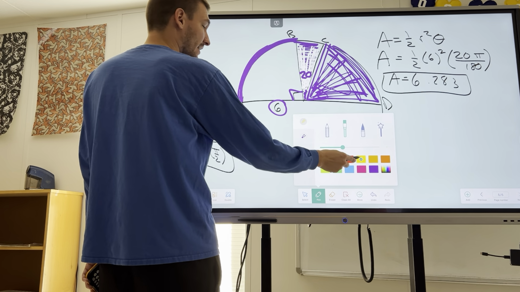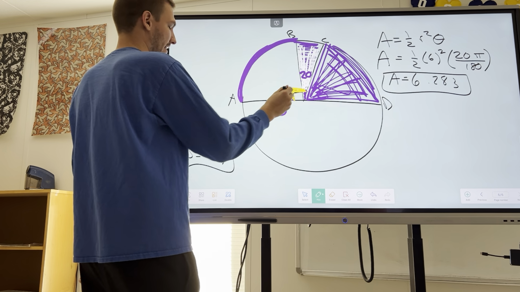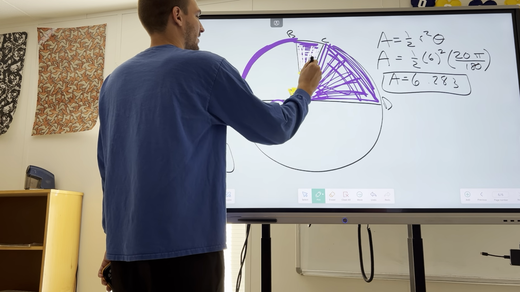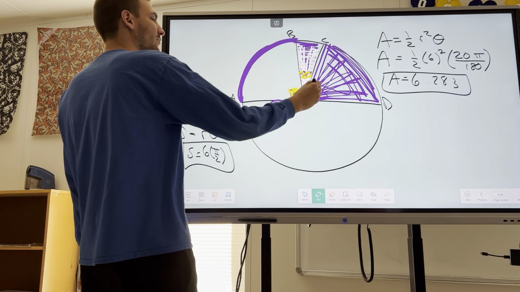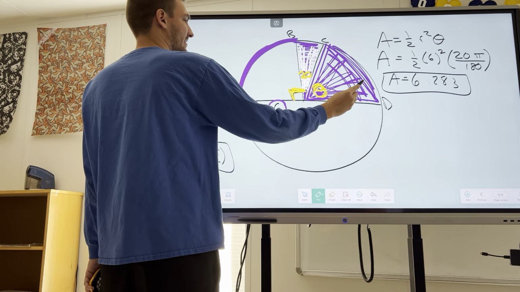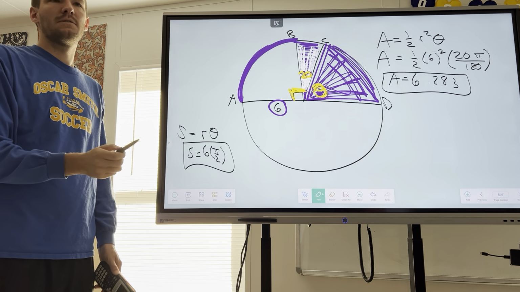And I knew that this had the 90 in there, so we knew that was going to be pi halves. And I knew that this had the 20 in there, so I knew that had to be 20 degrees, and we knew how to convert that. But how do we know what the theta is for this section? Because it's not 90 and it's not 20. 180 minus 90 and 20.